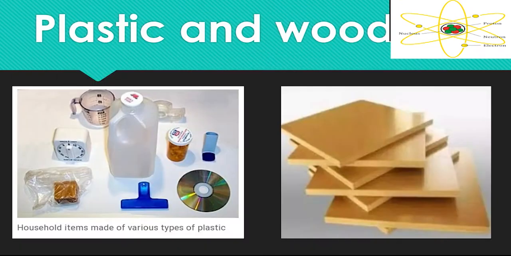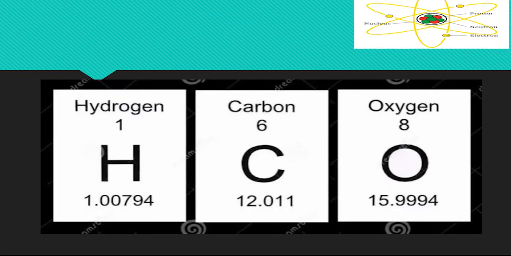For example, plastic and wood both look totally different from each other, but they are both made up of carbon, hydrogen and oxygen. The change is because these elements are put together in a different way to give a totally new material with a completely different appearance and properties.